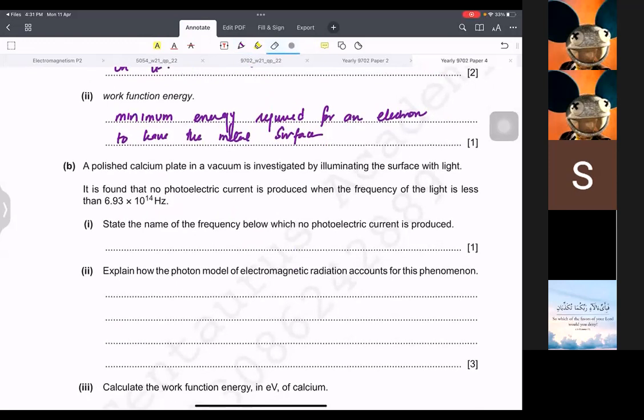Now it says state the name of the frequency below which no emission occurs: the threshold frequency. Then it says explain how the photon model of electromagnetic radiation accounts for this phenomenon. Now you guys need to understand that photons are indivisible and discrete packets of energy.